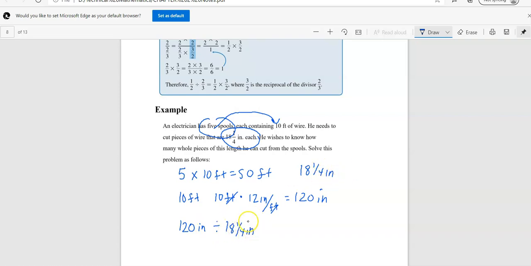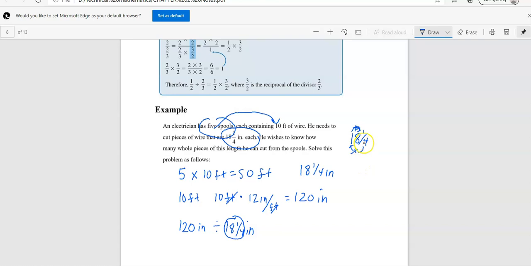To see, well, how many is going to be able to, because the spools are not linked together, right? So in one spool, what would I be able to get out of that? Well, we can't divide. We already know we've got to do something to this. We need to change it. I'm going to come up here and change that to an improper fraction. And remember, you take the 4 times the number out front, and then you add the number on the top.